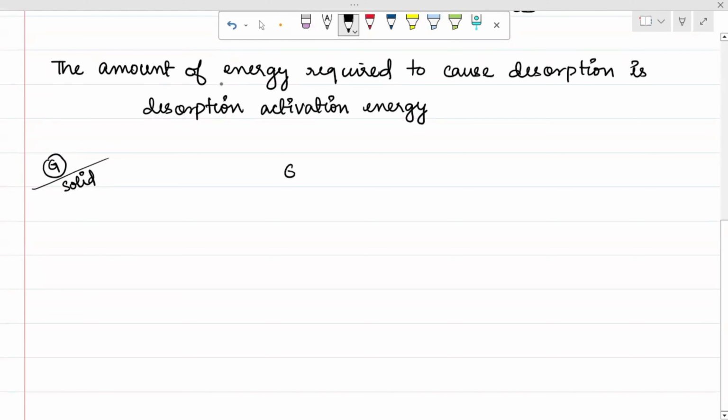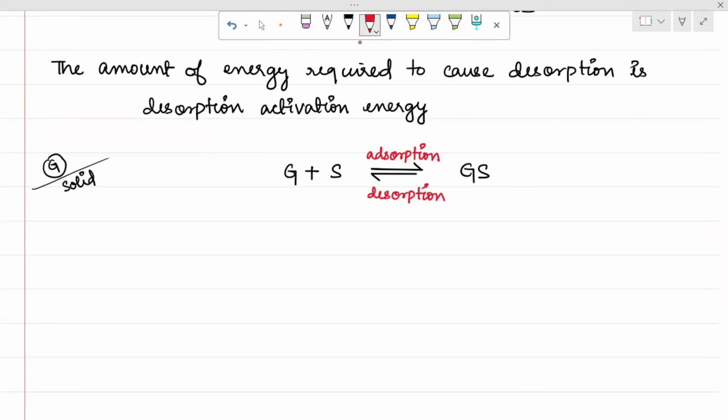Let's say you have a gaseous molecule along with a solid surface, and we know that they are in equilibrium and reversible to form GS. In the forward direction, we see adsorption happening, and in the reverse direction, we see desorption happening, which is the opposite of adsorption.